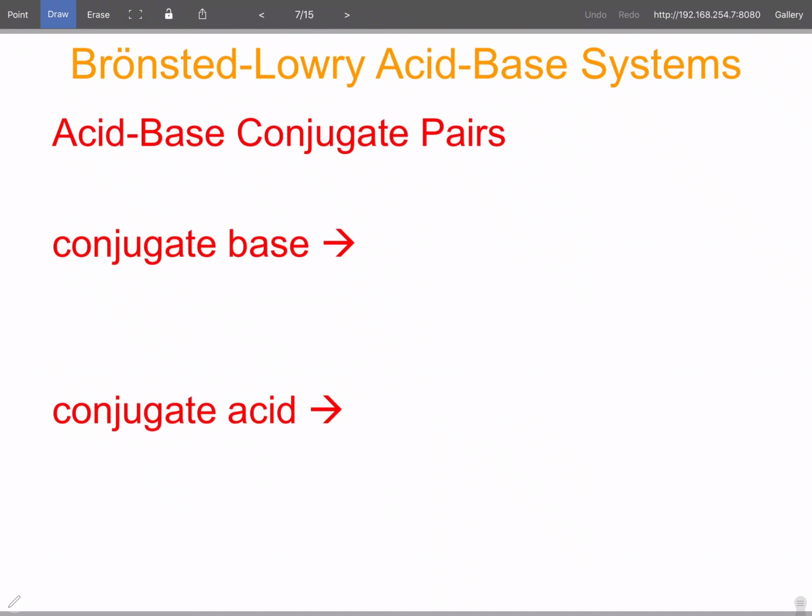So that brings us to acid-base conjugate pairs. Let's call them conjugate pairs. So a conjugate base is what results when something loses a proton. Okay, which makes sense.